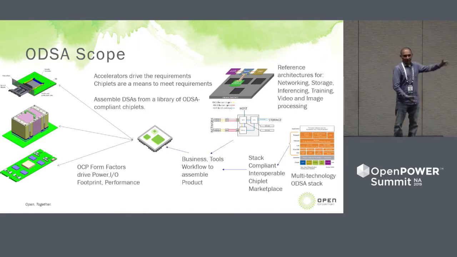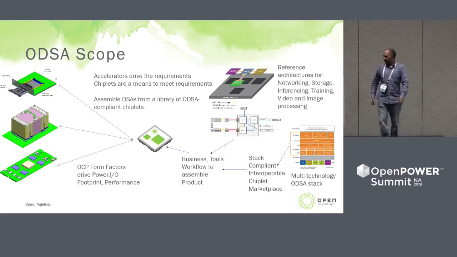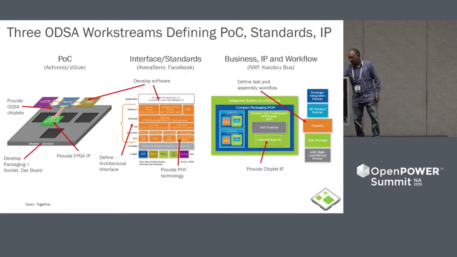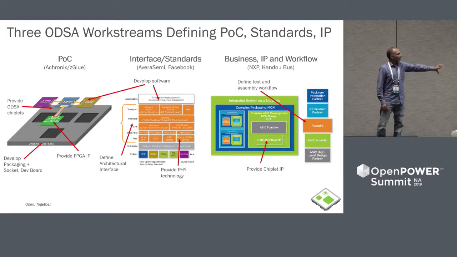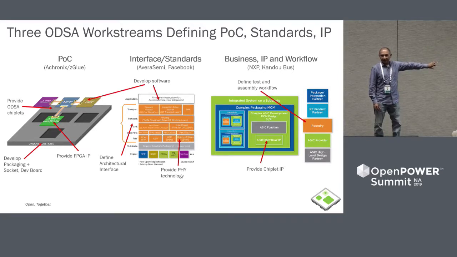To help them assemble products, we essentially have 3 broad groups. We have a group on interface standards that is trying to define that stack. Then the second thing, we have a lot of reference designs and POC work, to show people how to assemble multi-chiplet products from that stack.